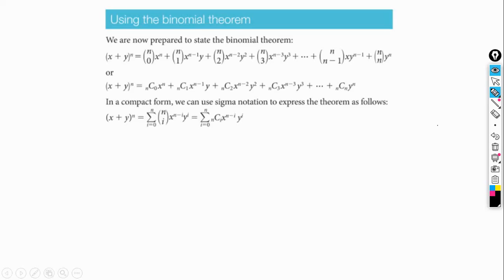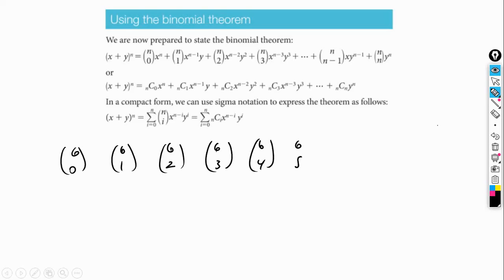We said that we would go with 6, 0, and then 6, 1, and then 6, 2, and then 6, 3, 6, 4, 6, 5, and finally 6, 6. And this would generate the coefficients for the binomial to the power of 6, because this would give us 1, 6, 15, 20, 15, 6, and 1.